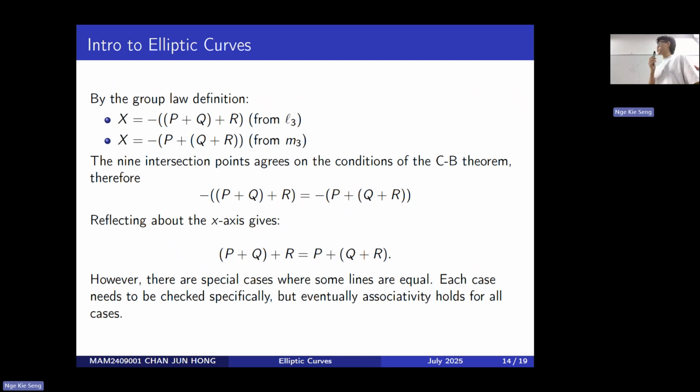However, there are some special cases where the lines are equal to each other, and these cases can be checked tediously, but in the end, we will see that the associativity holds for all cases.